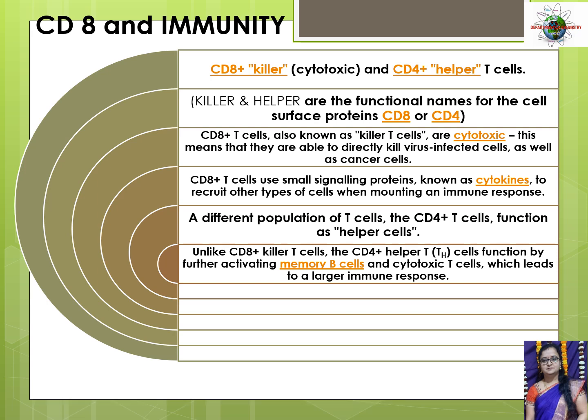CD8 plus T cells use small signaling proteins known as cytokines to recruit other types of cells when mounting an immune response. A different population of T cells, the CD4 T cells, function as helper cells. Unlike CD8 plus killer T cells, the CD4 plus helper T cells function by further activating memory B cells and cytotoxic T cells, which leads to a larger immune response.